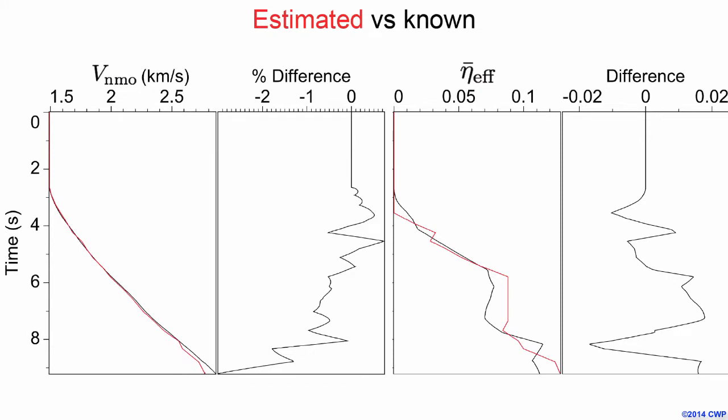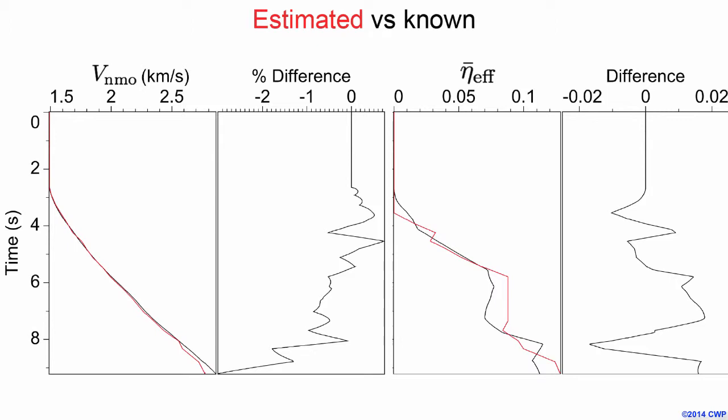So the resulting estimated effective parameters are compared to the model parameters, and so we compute the effective model parameters from the interval parameter fields that I showed you earlier. And for VNMO, I show the percent difference, and for effective eta, I show the absolute difference.